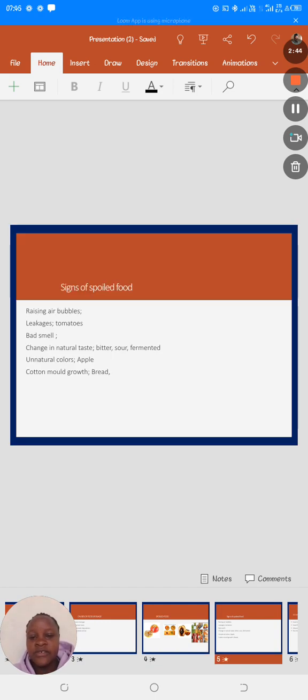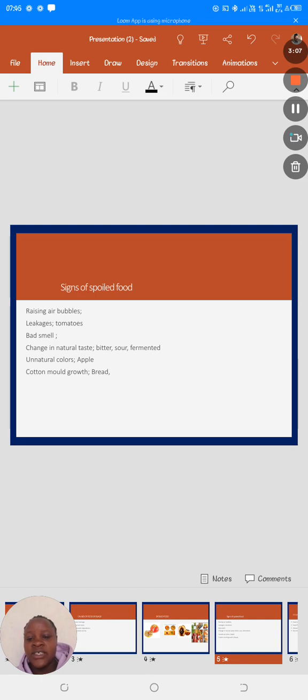Signs of spoiled food. How can you know that the food is spoiled? Rising air bubbles. Leakages, for example, tomato. When a tomato is damaged, you can see it starts leaking its juices. Then you have bad smell.